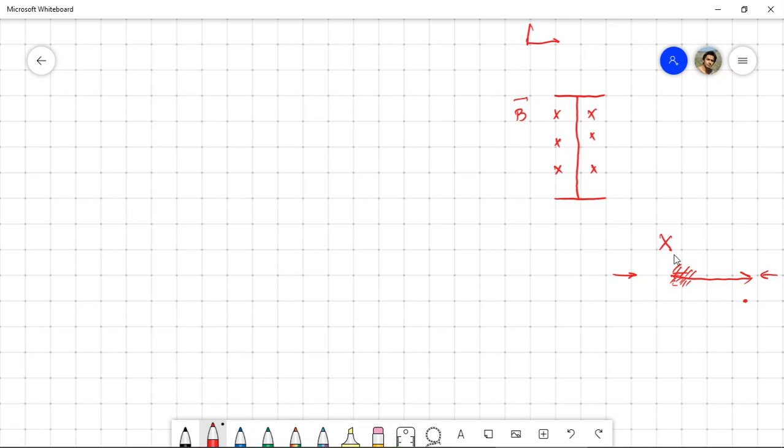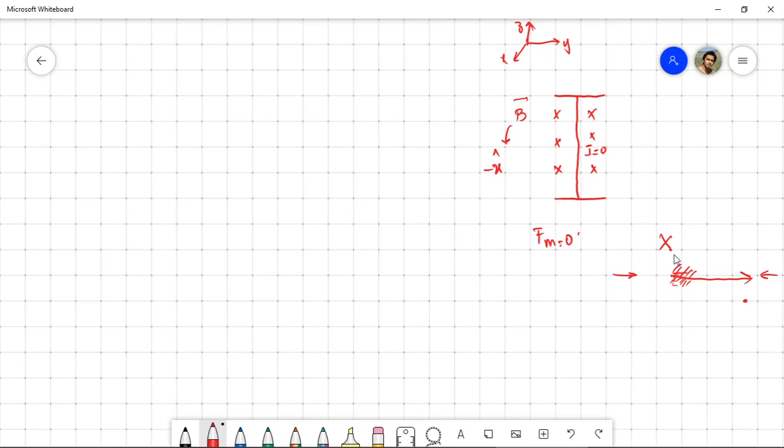Now if we say the reference frame is like this, we have y, z, and x. X is coming out of the screen, so the direction of B will be in the minus x hat direction, because the direction of B is into the screen. Whenever there is no current in this conductor, there will be no force.